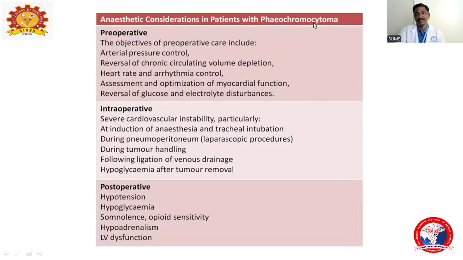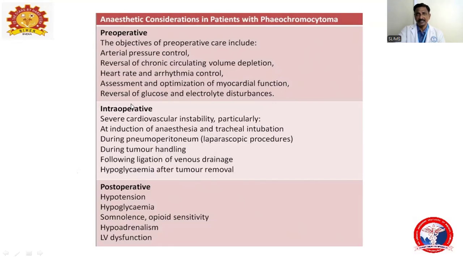Anesthetic consideration in patient with pheochromocytoma. During the preoperative period, the objectives of preoperative care include arterial pressure control, reversal of chronic circulating volume depletion, heart rate and rhythm control, assessment and optimization of myocardial function, reversal of glucose and electrolyte disturbance.